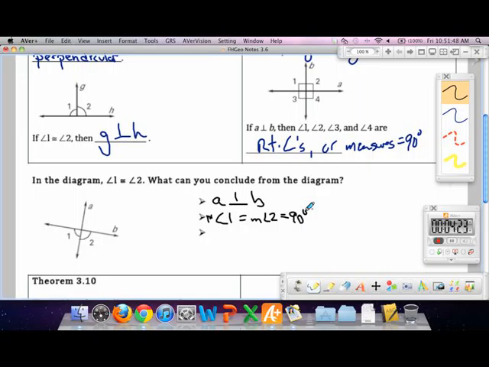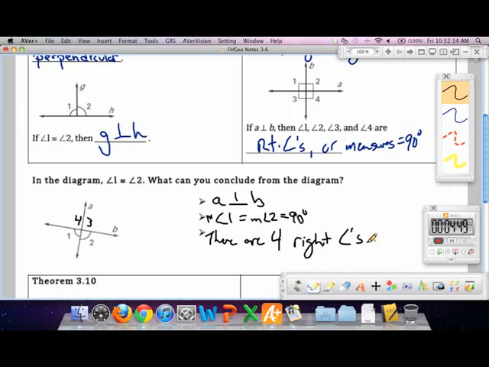Kate? That angle 3 and angle 4 also equal 90. If you label 3 and 4, you could say that we know that there are 4 right angles.